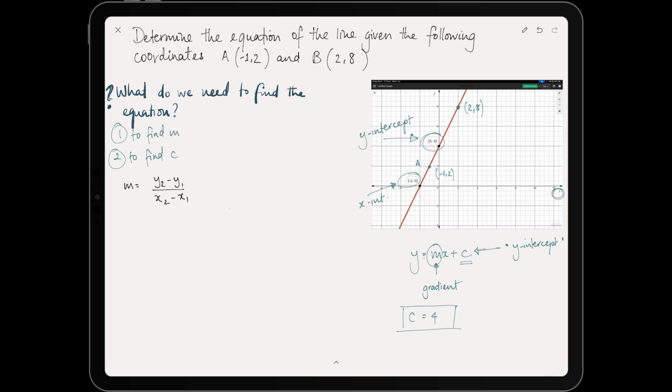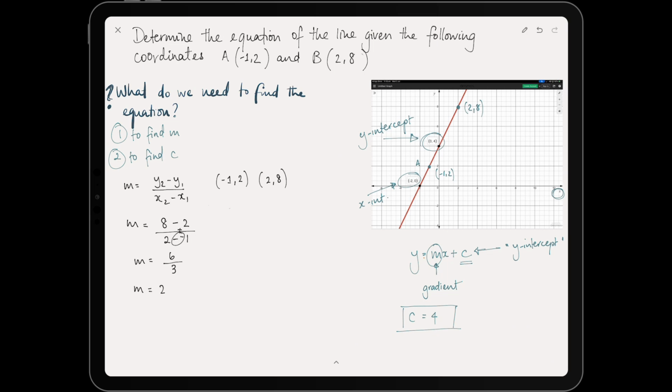So let's say that I'm going to use my coordinates (-1, 2) and (2, 8). So we've got m equals (8 minus 2) on (2 minus -1). That'll give me m equals 6 on, that becomes a plus, so 6 on 3. So m is equal to 2.